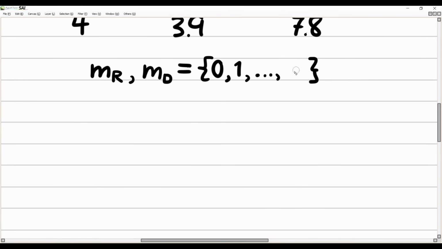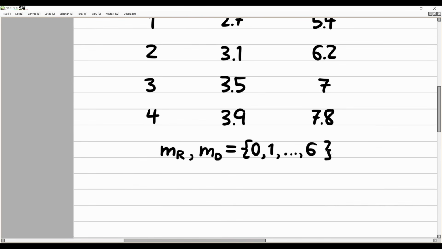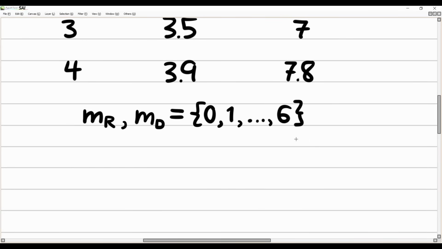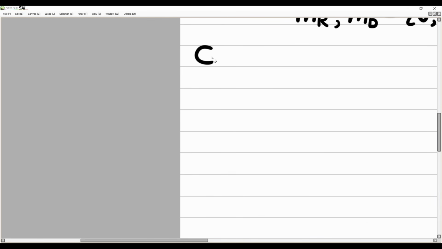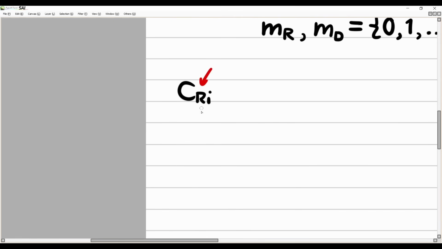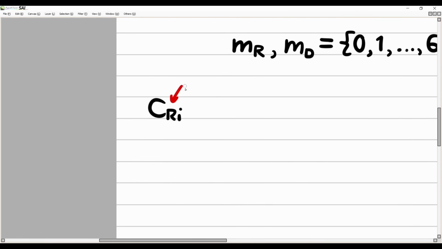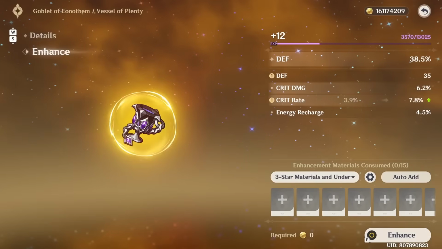So that's pretty cool. The next thing that we have to consider is how we're going to model this specifically for the ith artifact piece. So what is the specific crit rate stat for the ith artifact piece? Let's go back into the game and see what's happening here.